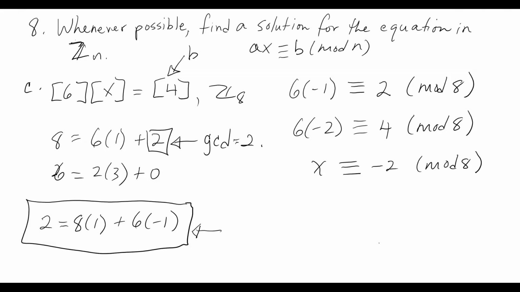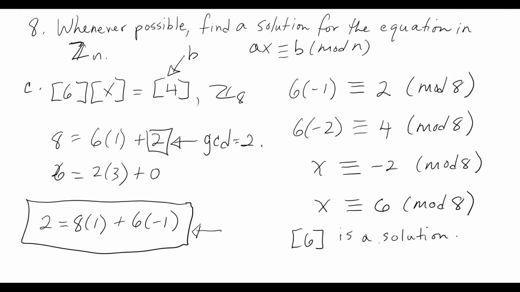Since negative 2 is not a number between 0 and 7, which is what we want, I add 8 to negative 2. That gives me x is congruent to 8 minus 2, which is 6, mod 8. So I know that the congruence class containing 6 is a solution to this particular problem. Let's see if we're correct by checking our answer.